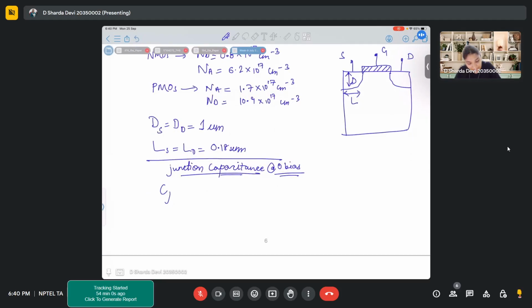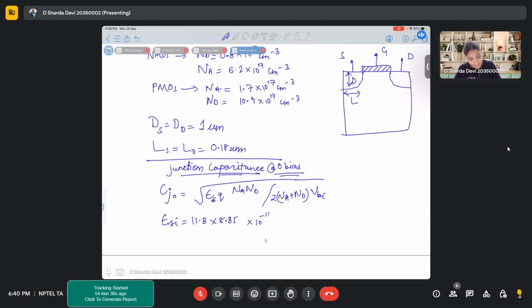The formula is Cj0 equals root under epsilon Q NA ND upon 2 (NA plus ND) into VBI, that is the built-in voltage of that particular junction. This is epsilon silicon, considering a silicon transistor, which is 11.8 into 8.85 into 10 to the power minus 14, in CGS units.